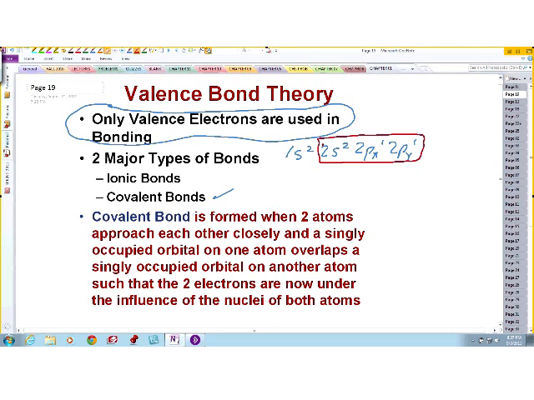Now, if we want to represent this ground state electronic configuration using a graphical representation, we could have this.